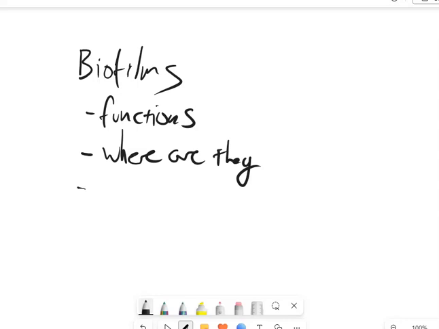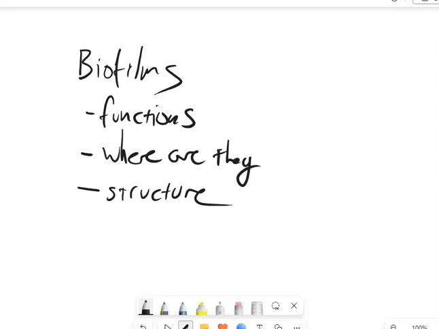And the structure, always in biology, you're looking at a structure and how it leads to a function. You did that all through A and P, and you should still be doing that. How does the structure lead to a function? And so that's the things to know about biofilms.